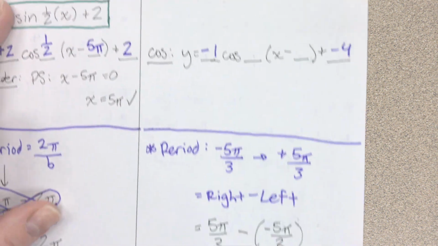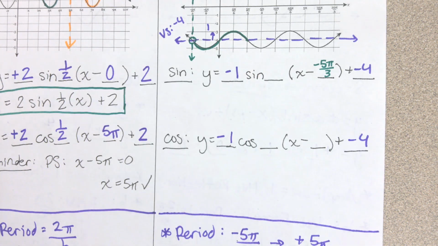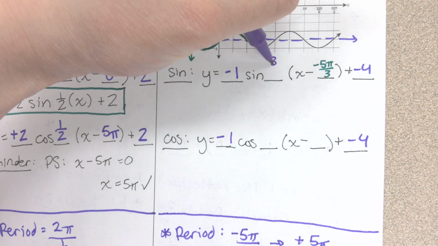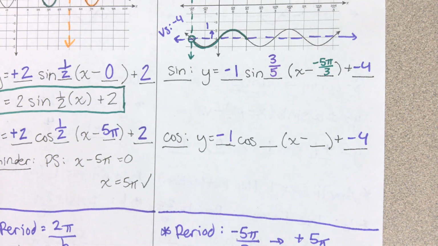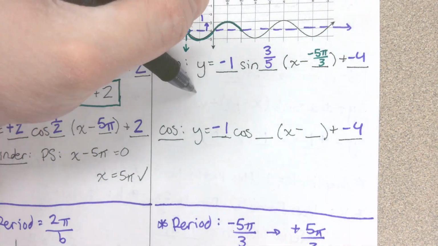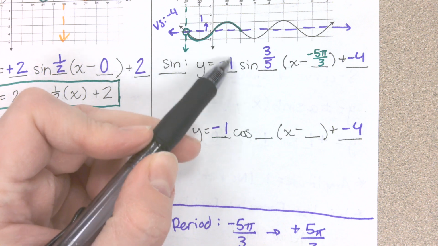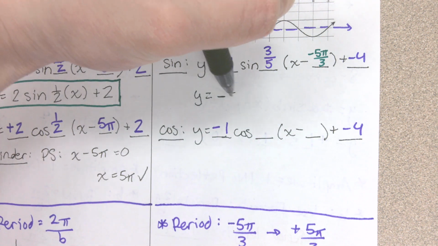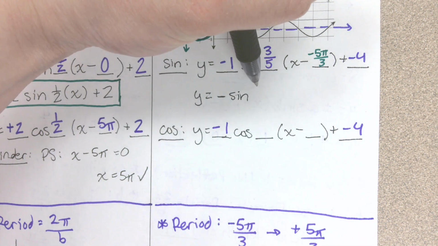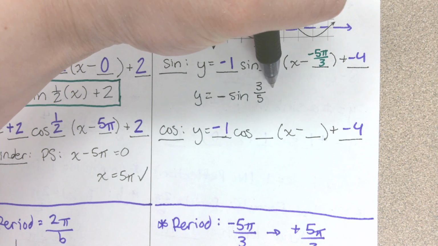Okay. Let's go back up here and fill it in. That was the last piece I needed for my sine equation. So we now know that is 3/5. I'm going to rewrite my final answer, clean it up a little bit. Y equals, the 1 can be dropped, negative sine 3/5 will stay on the outside.